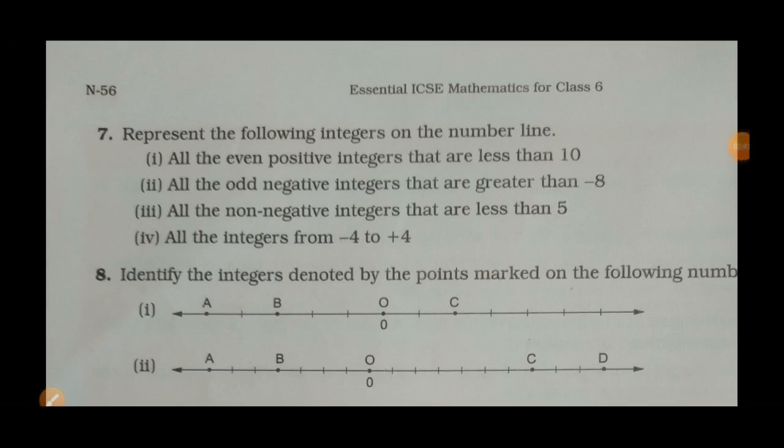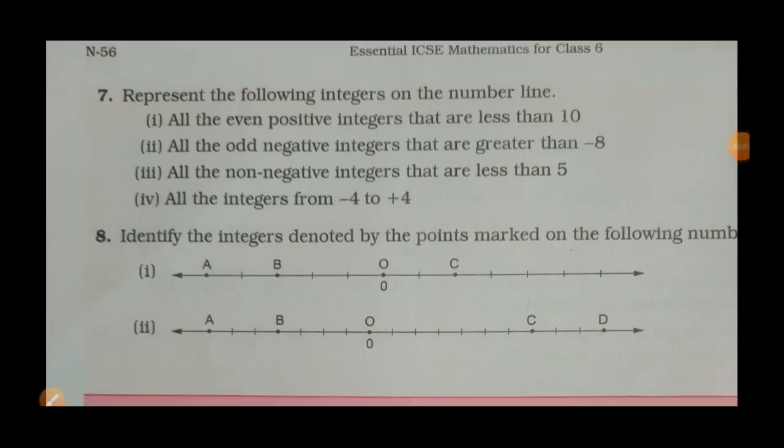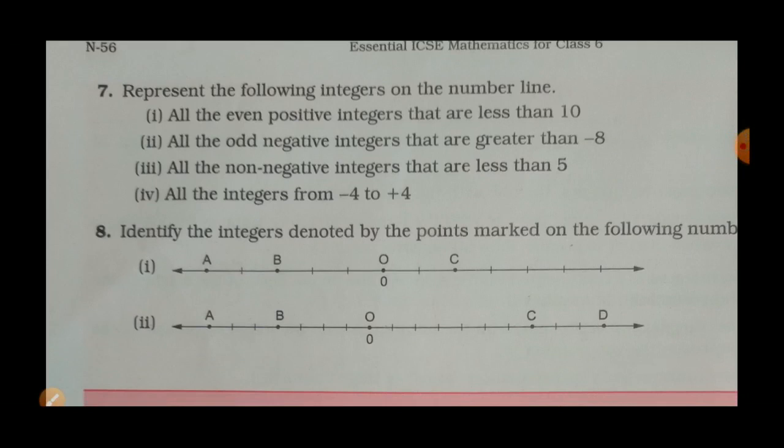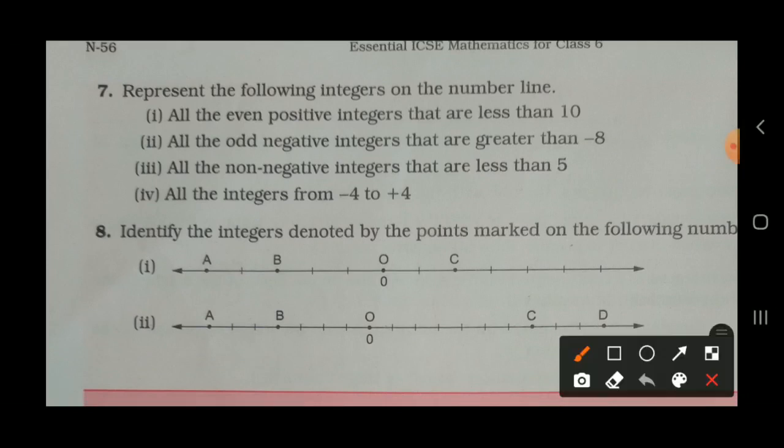In question number 7, represent the following integers on the number line. In question 1, all the even positive integers that are less than 10. And in the second, all the odd negative integers that are greater than minus 8. Let's start.